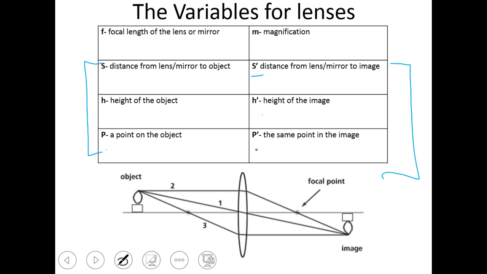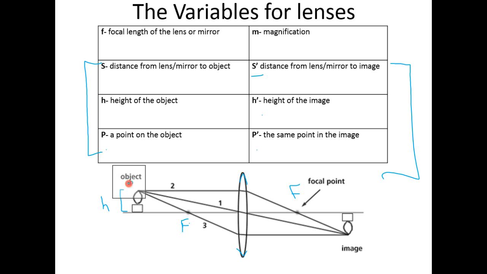If I were to label up this diagram, I would see that I have a focal point here and a focal point here. This is just for this particular situation, so I've got a converging lens, right? Remember, think about either what they do to the rays or the ends of the lens. I have an object here that's got a height of h.